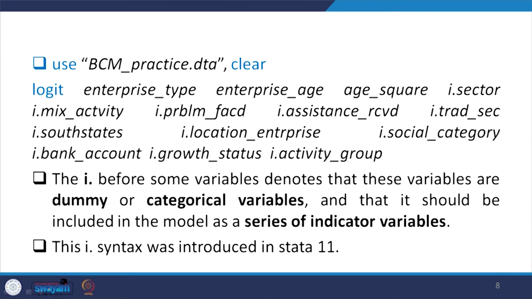So, you have to take a base value in the dummy. To identify the base value we use a command, that is this, i dot. So, i dot before a variable denotes that the variable is dummy or categorical, and that it should be included in the model as a series of indicator variables.